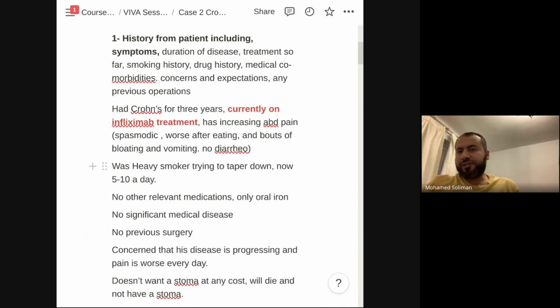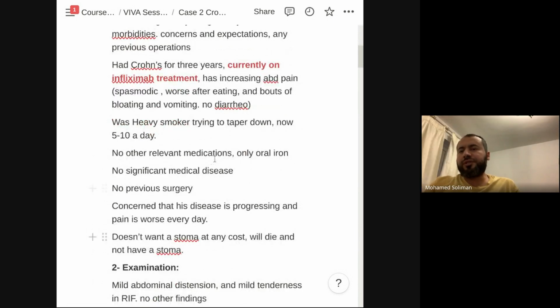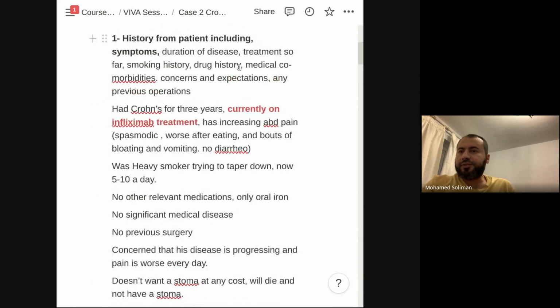For combination of assessment, I need to see the phenotype of this Crohn's disease. Either it is limited to the small bowel, or it is colonic, or combined small and large bowel. And if there is any complication, fistulization, because there are 3 presentations for Crohn's disease, it could be either inflammatory or stricturing or fistulating.